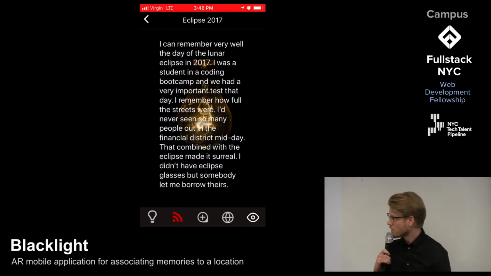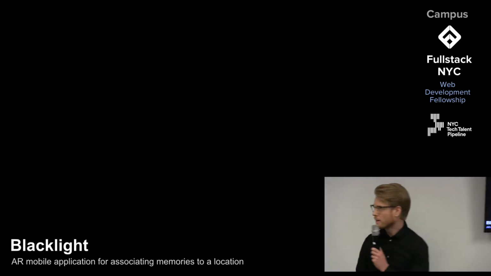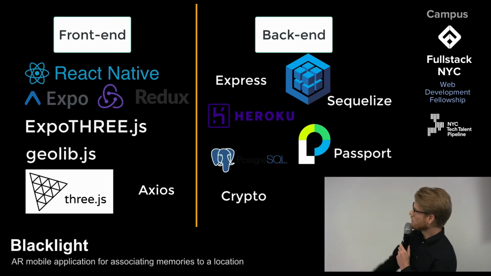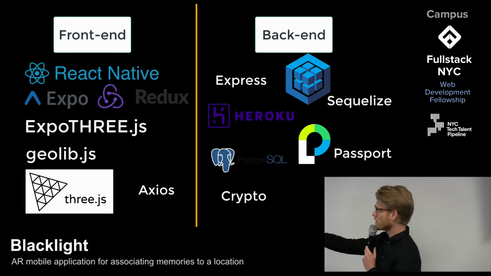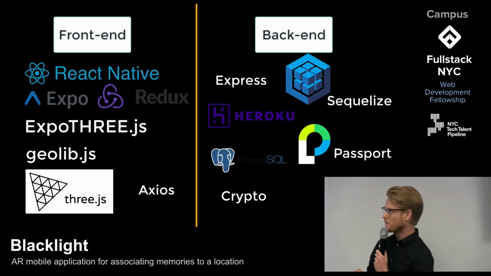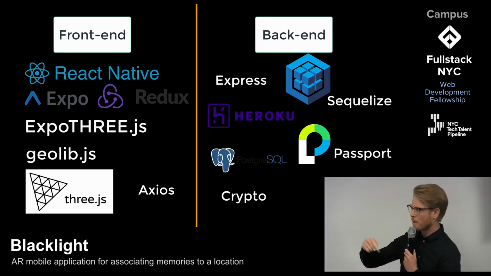Thanks, Alex. So we developed Blacklight with these technologies primarily, which was really exciting because some of these are super bleeding edge. Expo AR is an experimental API made by Expo that is a wrapper for Apple's ARKit. We were able to use that to build out most of our AR features.